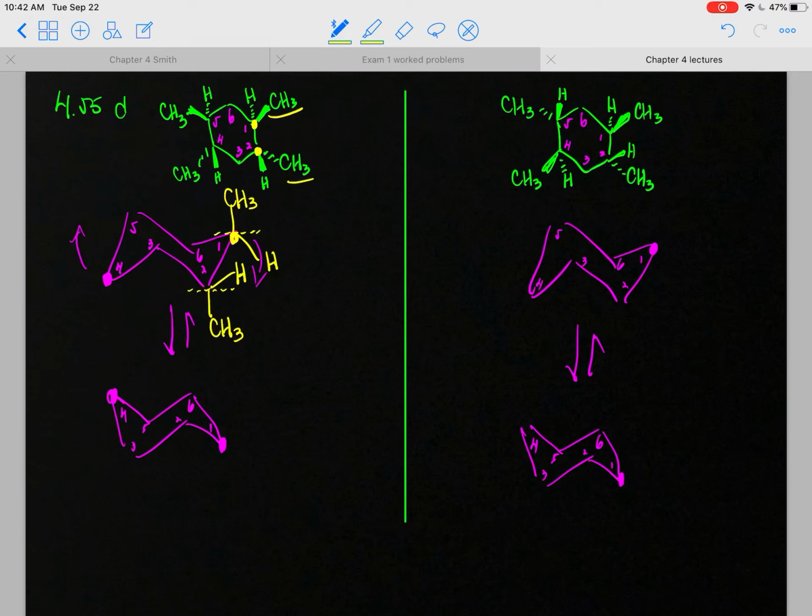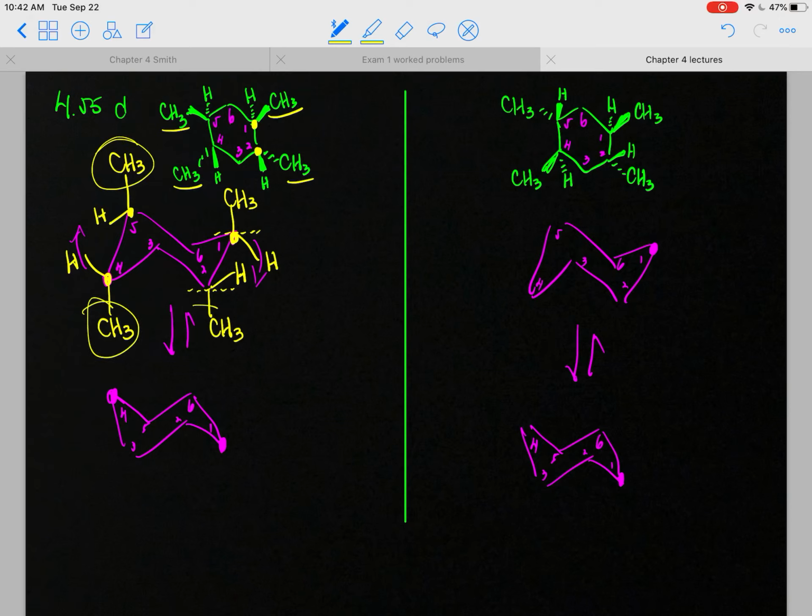The methyl group is here, which is pointing down. Carbon 4, draw your two lines that we know are oriented in that angle. The methyl group is down. That's here. Carbon 5, draw your lines. The methyl group is up, which is here.